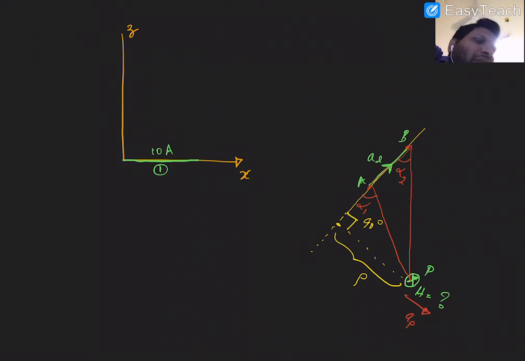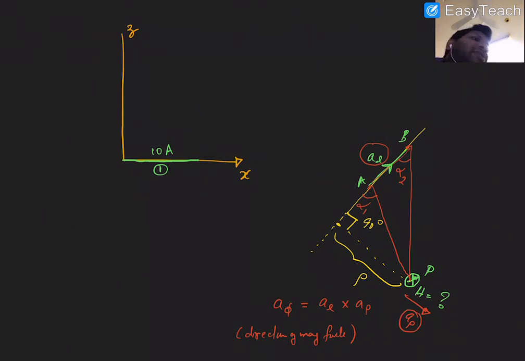Then the direction of the magnetic field is given as a phi, which is equal to al cross a rho. So you know what is al and you know what is a rho. This is the general thing for a finite element which is carrying the current.